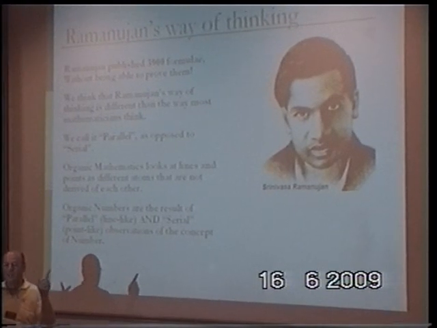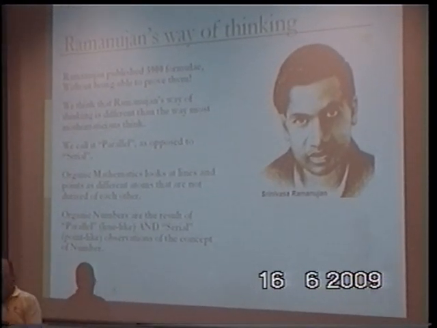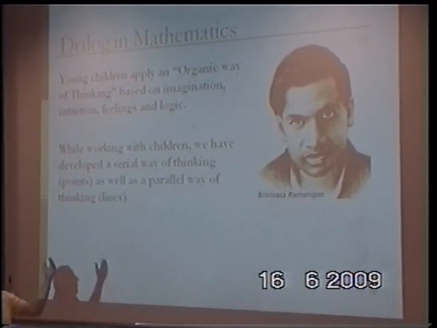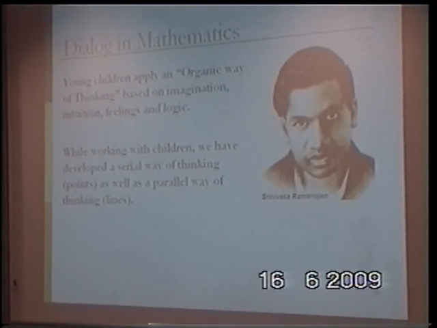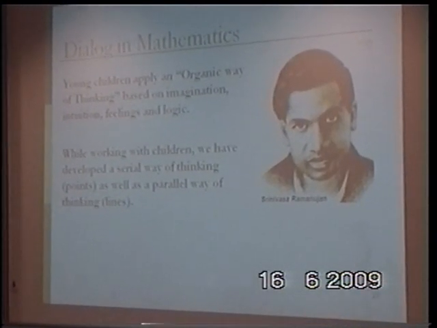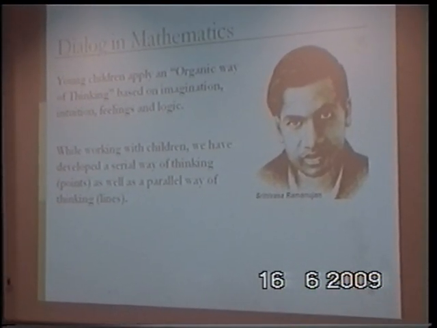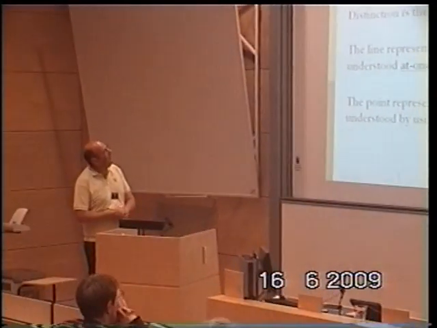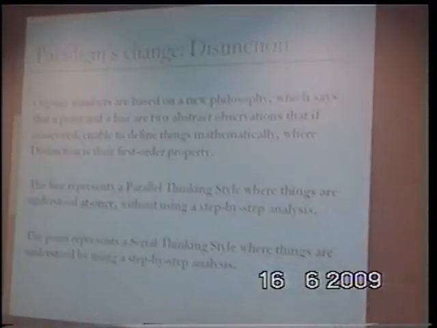There are 2 atoms, and everything is the bridge between them. We are working with young children. They are not influenced yet by traditional education. We see the power of the dialogue with young children at 2 abstract observations that is associated and able to define things mathematically, where distinction is the first order property.